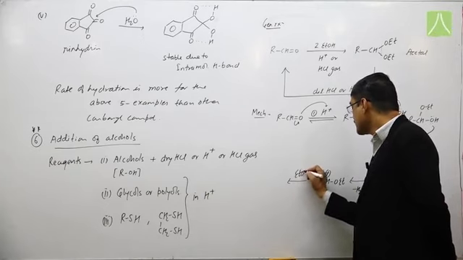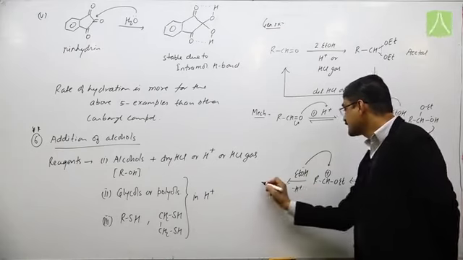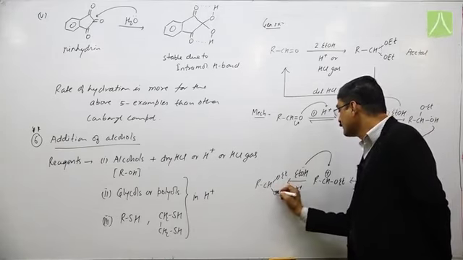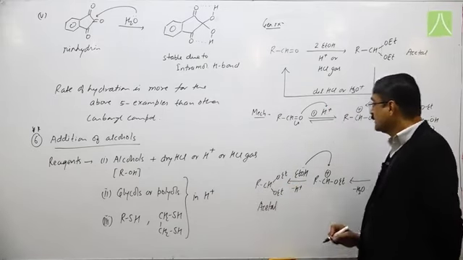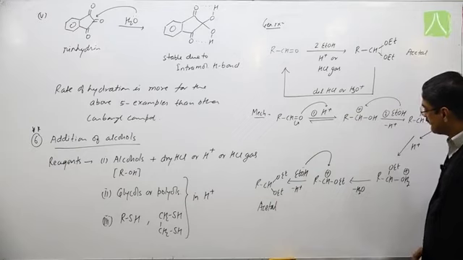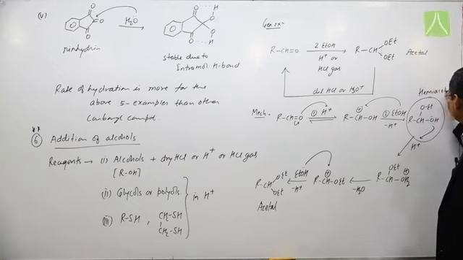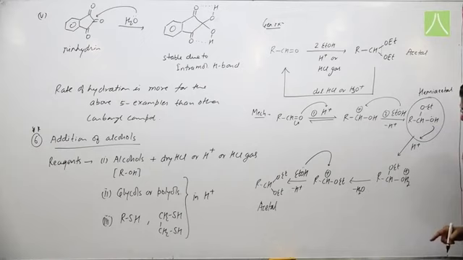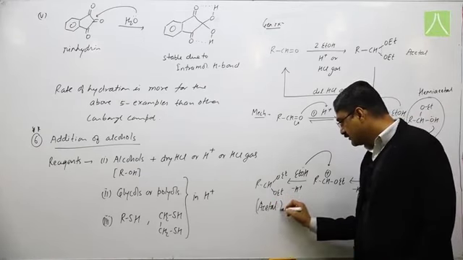Again the second molecule of alcohol is taken, with removal of H plus. So acetal is obtained. If I take the ketone, then ketal is the final product. This intermediate is known as hemiacetal, in which one ether and one alcohol group is present. And when two ether groups are present, then it is known as acetal or ketal.